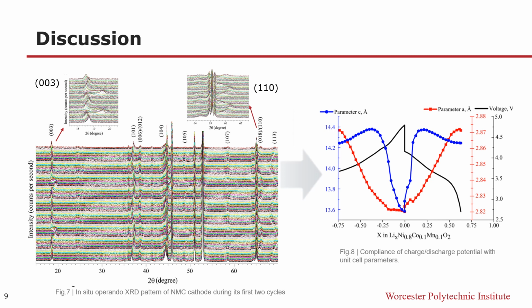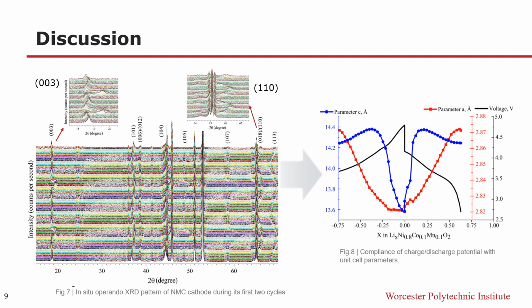Parameter A decreases at the second stage. Parameter C falls rapidly. This can be explained by cation mixing of nickel and lithium ions due to their similar ion radius. In addition, the structure of the cathode material begins to release oxygen ions, so the repulsion of oxygen layers decreases.